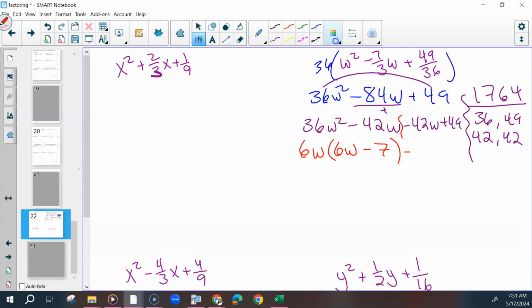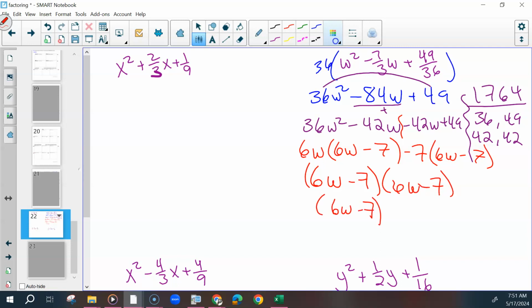The GCF would be 7, negative 7. Leaving 6w minus 7, so our two answers would be 6w minus 7, and that would repeat. Or you could put 6w minus 7 squared.